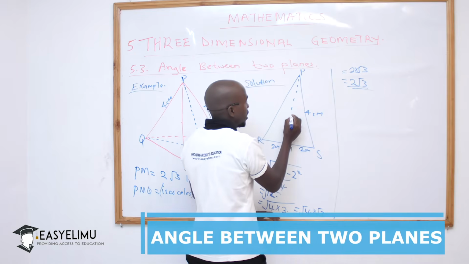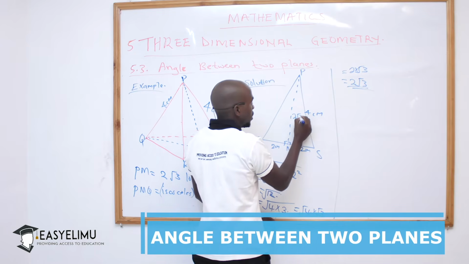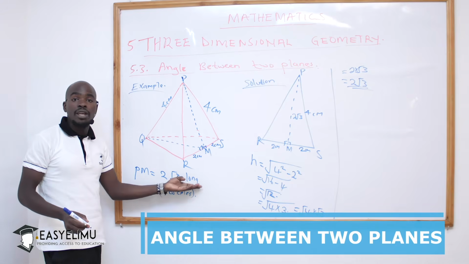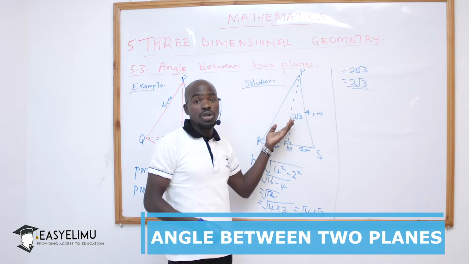We have proven that this side is 2 root 3, meaning PM is 2 root 3 long, as they indicated we should show.